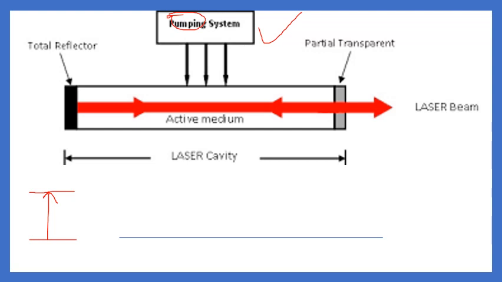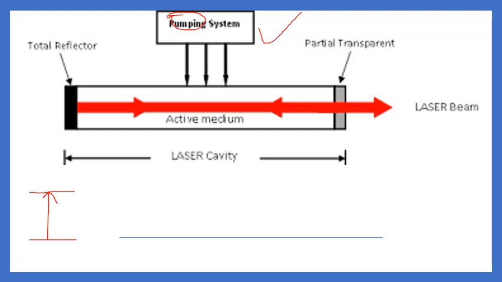This excitation can take place by various methods. One of the most common examples is light. You can strike light on the system, so a photon is absorbed and the atom moves to an excited state. But other methods also exist, such as electrical discharge.